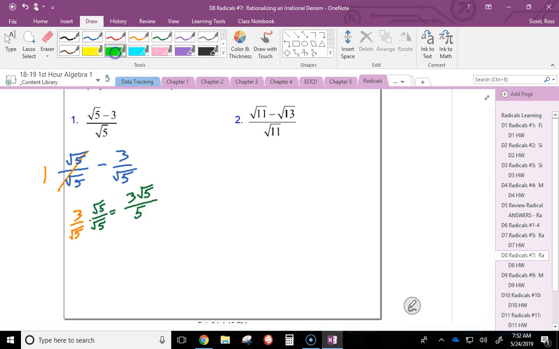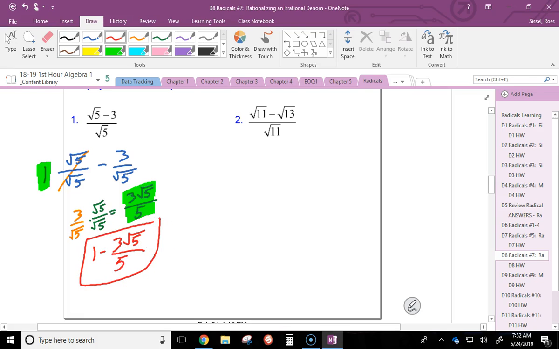And we had a 1 in the first part. And then we have this. So I can have 1 minus 3. It was multiplied by the square root of 5. And then just make that 5 minus 3. Right.